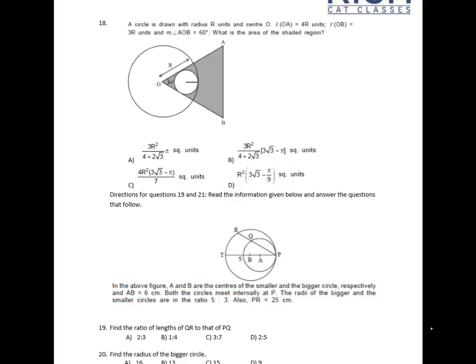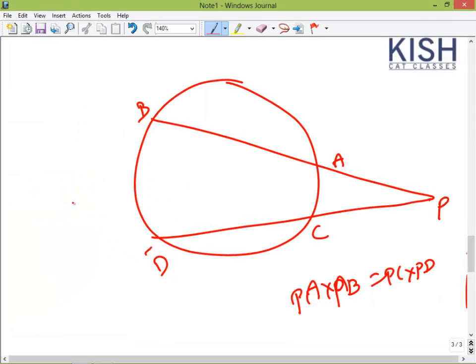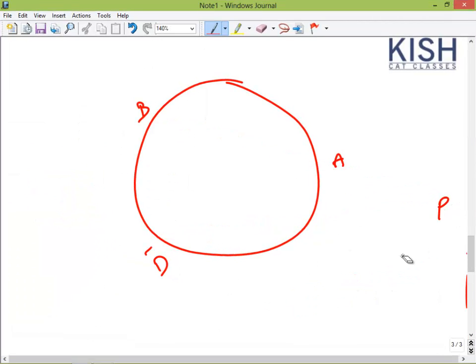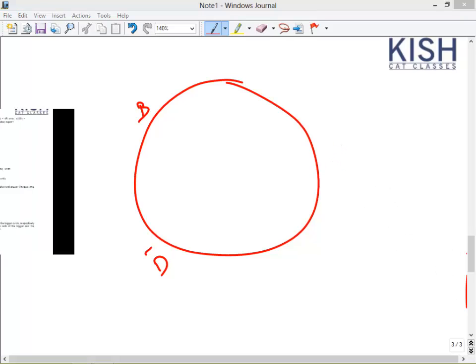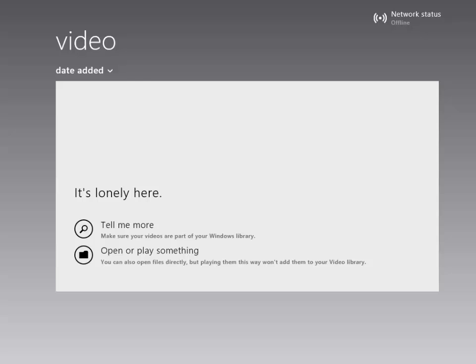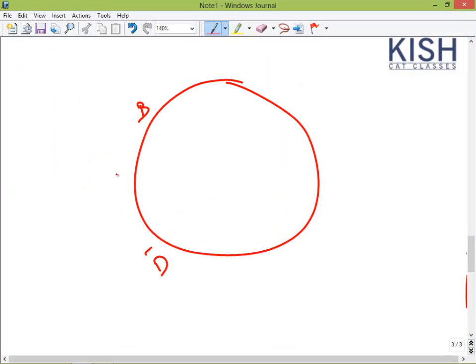Now one more thing: tangents are given. So you need to find the tangent. How will you draw this? Let me draw. Let's say I draw a polygon.